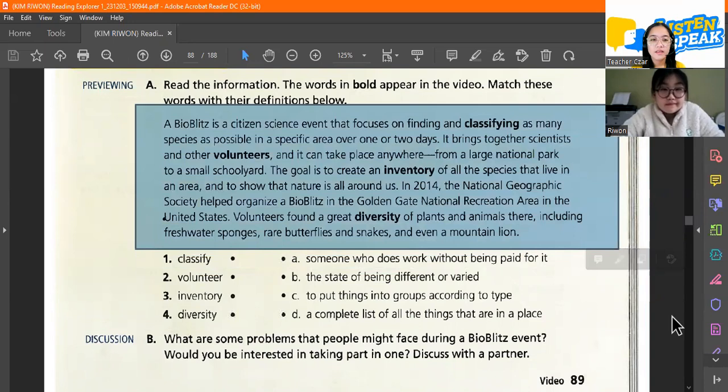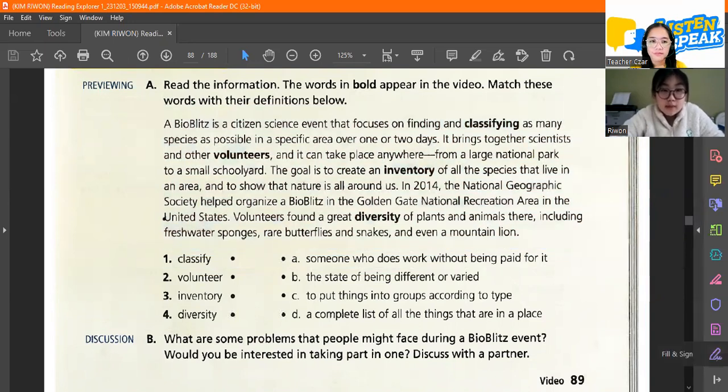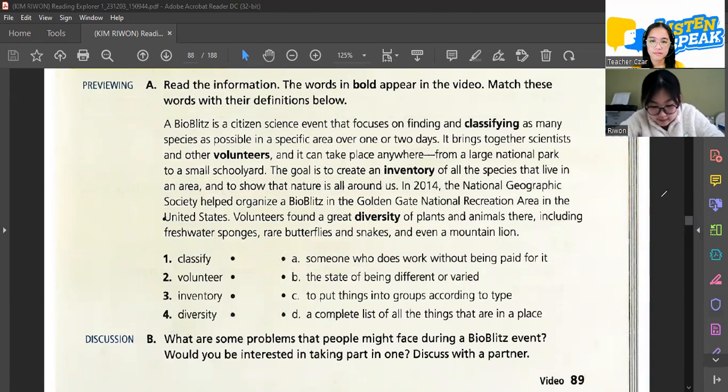A BioBlitz is a citizen science event that focuses on finding and classifying as many species as possible in a specific area over 1 or 2 days.